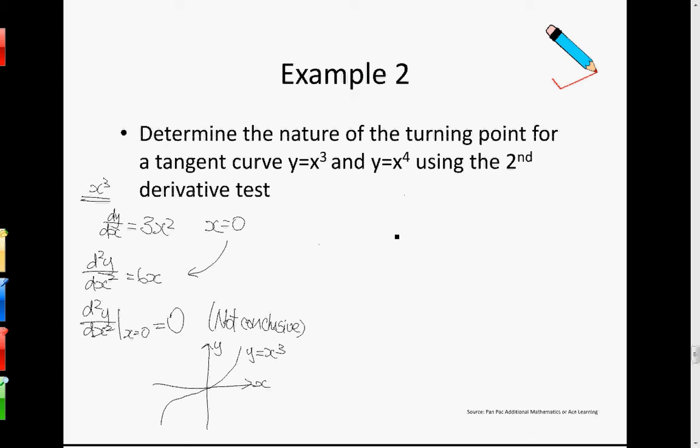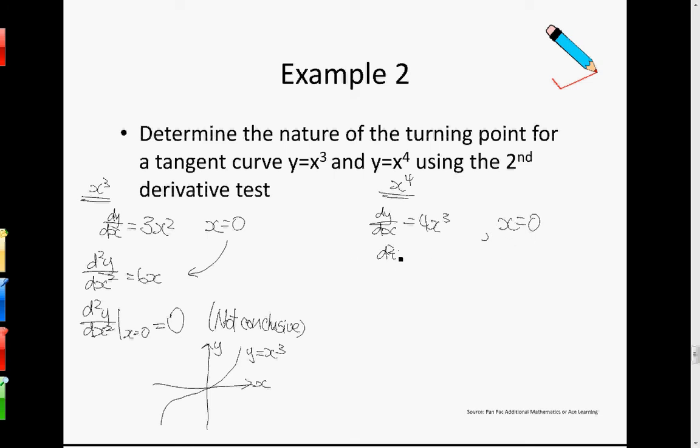How about y equals x to the power of 4? Similarly, dy/dx is 4x cubed, and solving when this equals 0, x is 0 at the stationary point.